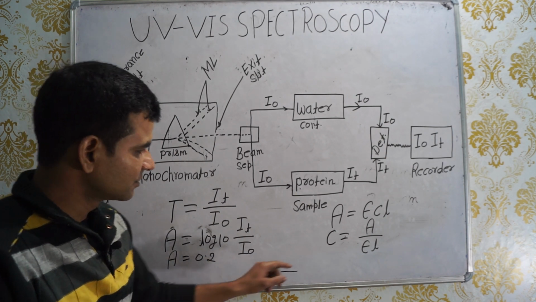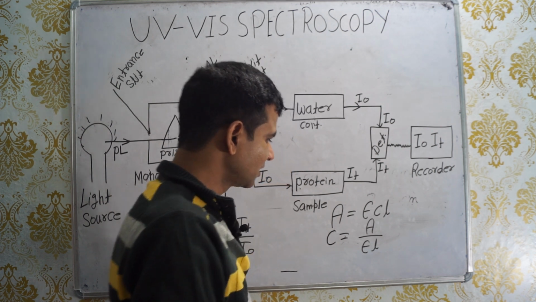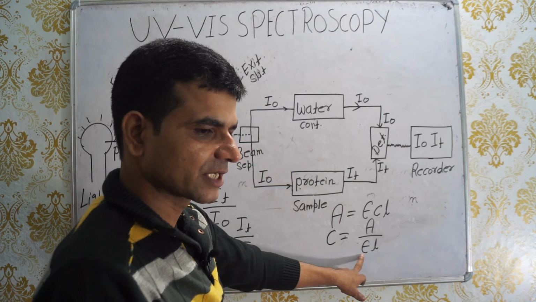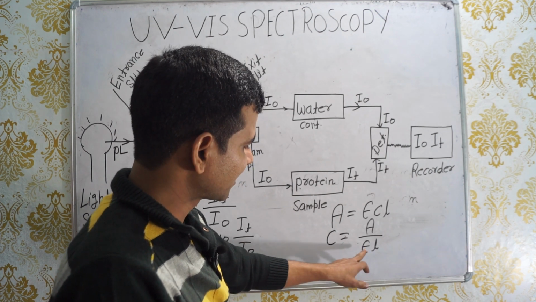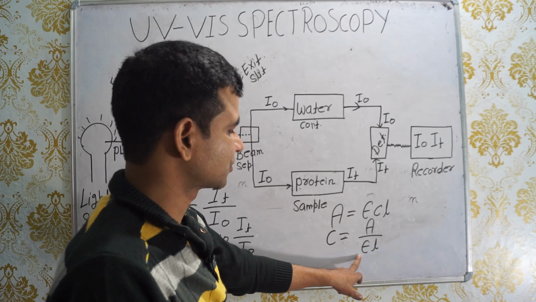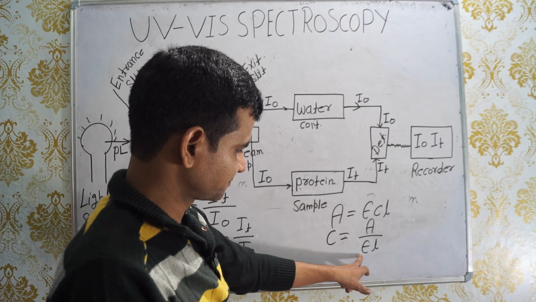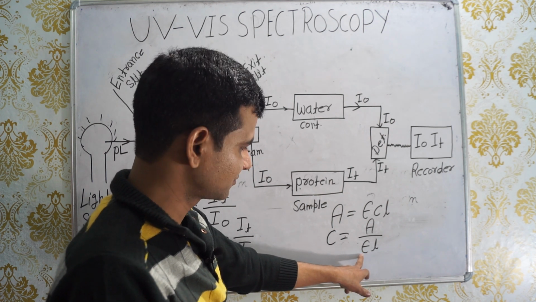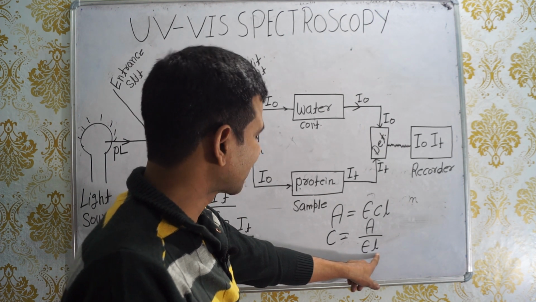Then here the value of A would be 0.2. And epsilon is the extinction coefficient, therefore the value of epsilon would be given in your question. So from your question we can write the value of epsilon. And L is equal to path length.